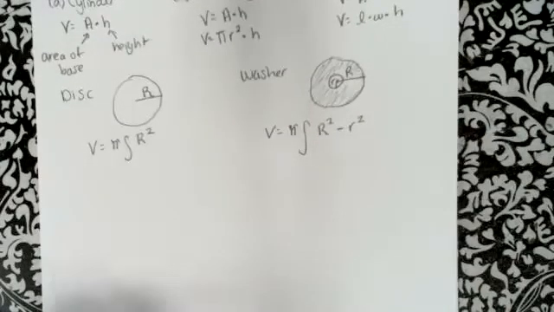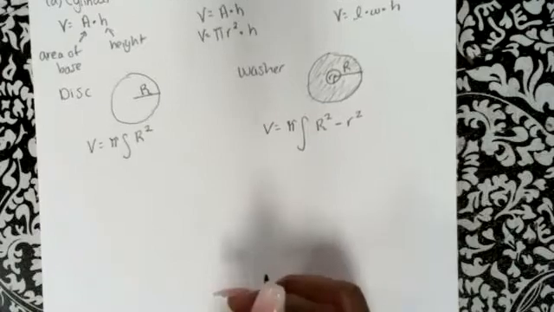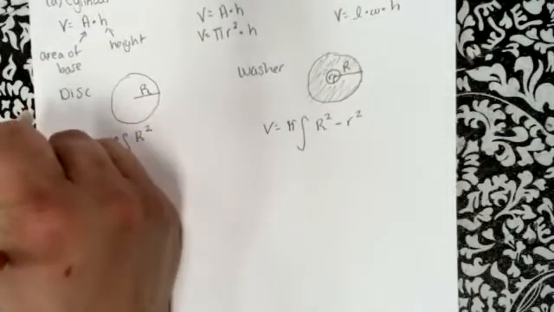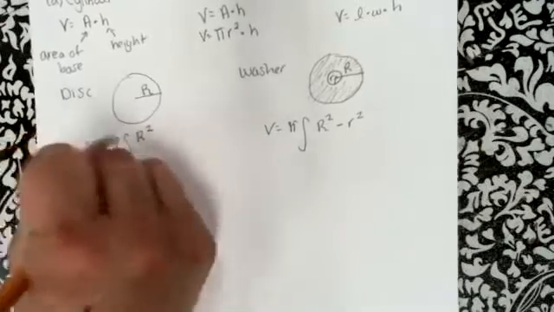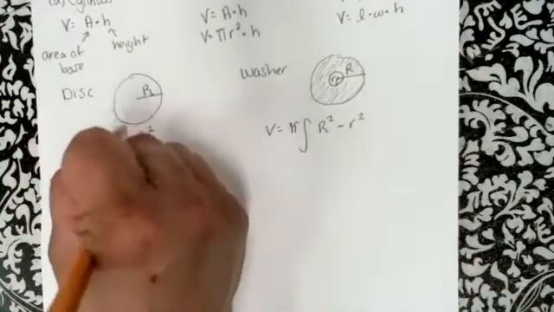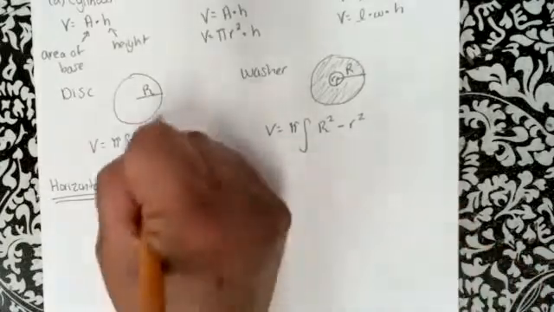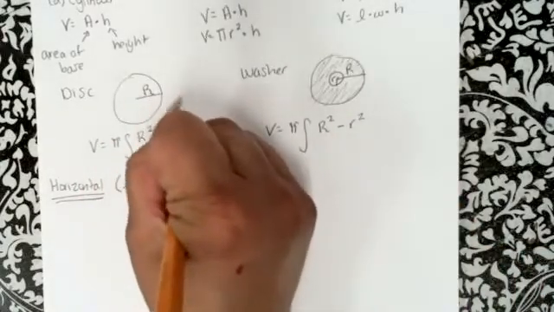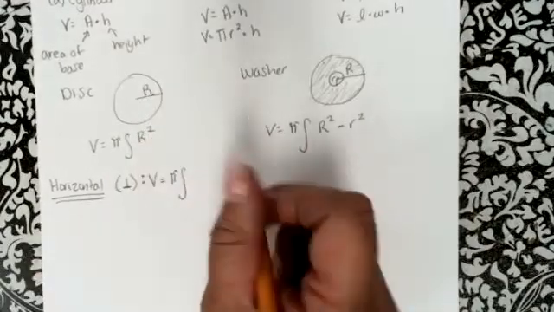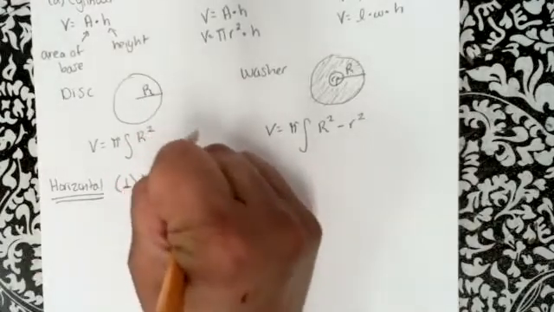Now this is going to work for all types of these. If we have a horizontal, this is a dx type problem. The volume is always going to be, now because it's a dx problem, my upper bound and my lower bound are going to be x's.